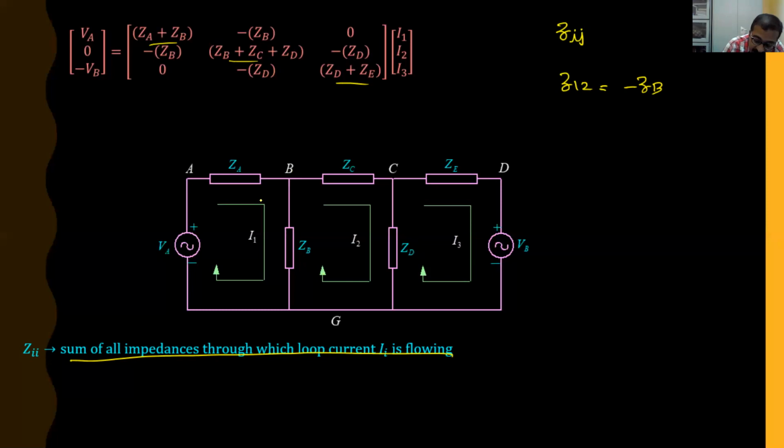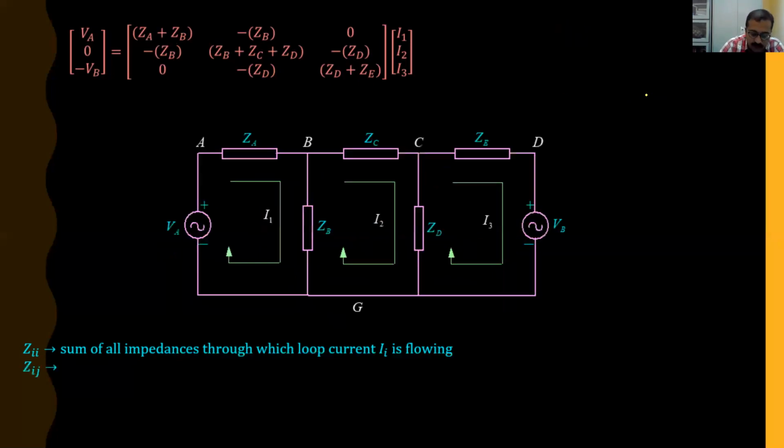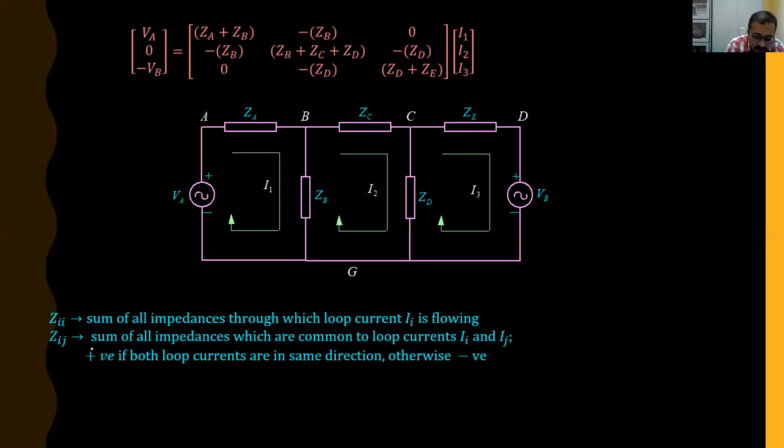But for these assigned current directions, the current through ZB is the difference of the two loop currents I1 and I2, and hence it is minus ZB. That is what is written here: the sum of all impedances common to loop currents Ii and Ij, positive if both loop currents are in the same direction, otherwise negative.